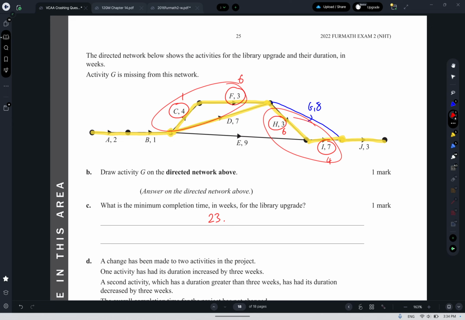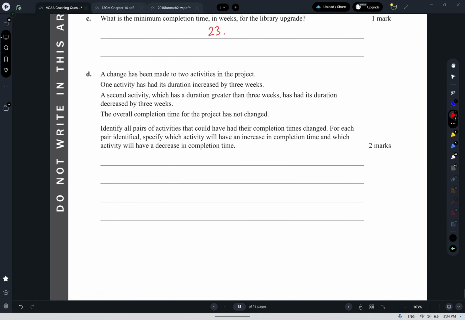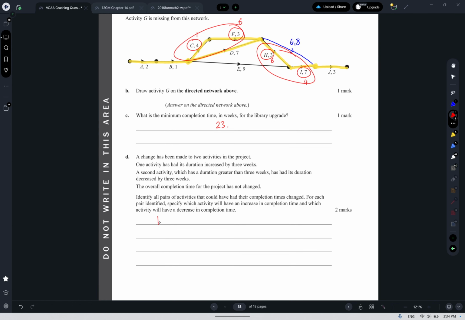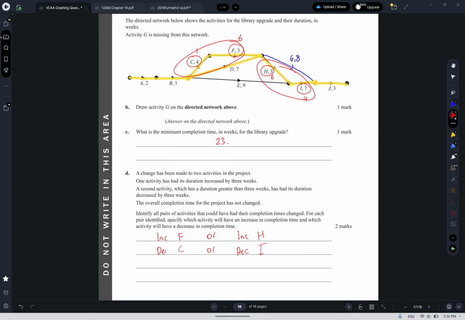So we've got C and F, so we're going to increase F and decrease C. Or we've got increase H and decrease I. My stylus keeps stopping working, sorry for that. And that's it. So that's the answer. Again, pretty brutal question.